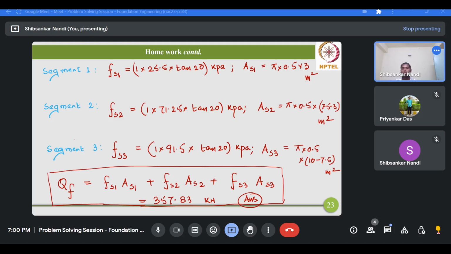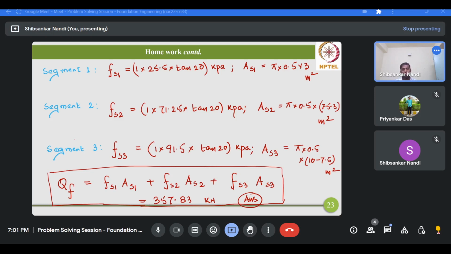Now coming to the third problem, we have utilized Tomlinson's method to determine the safe load carrying capacity of a pile. The dimension or geometry of the pile is given, the soil properties are given, then the bearing capacity factor, the earth pressure coefficient, the angle of wall friction are all given, and the recommended factor of safety is also given.